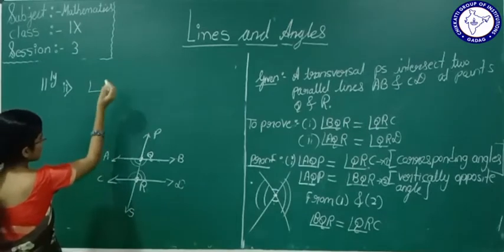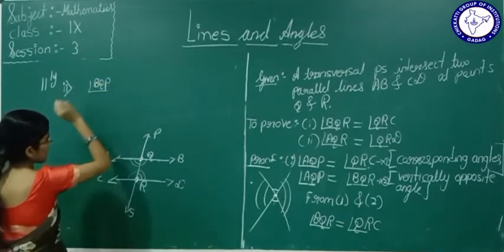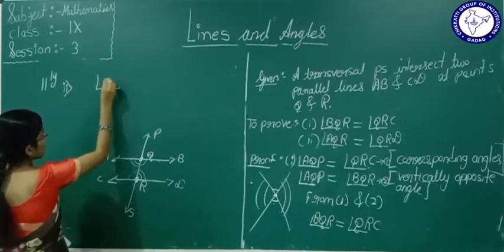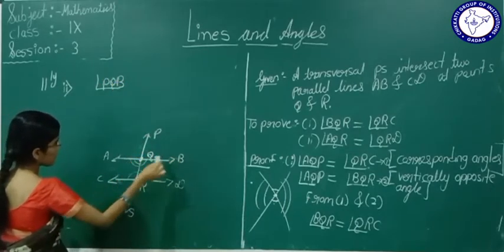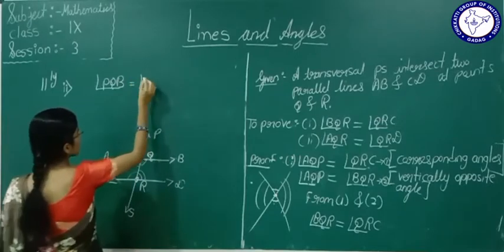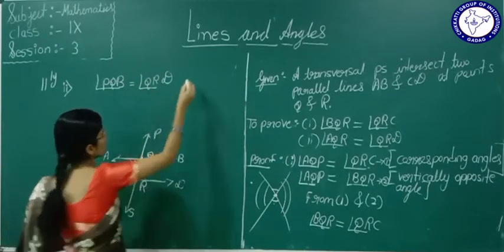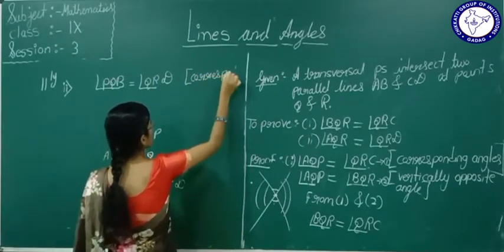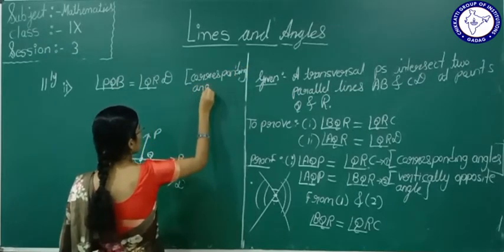That is, angle BQP, or you can write angle PQB, is equal to angle QRD. These are corresponding angles.